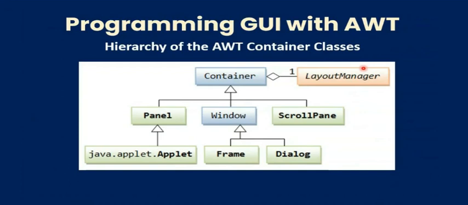So mas better gyud nga ato na siyang i-apply para mas masabtan ninyo. Mas sayon siya, mas dali siya once nga ato ning mga himo gyud. Okay? So naa siya window, frame and dialog. Hierarchy of the AWT container classes.